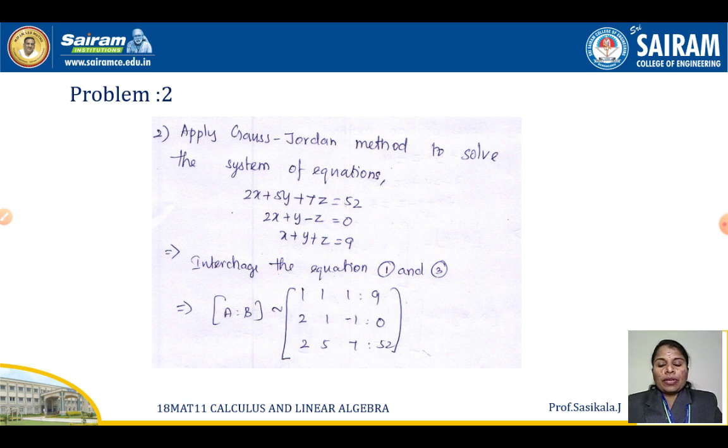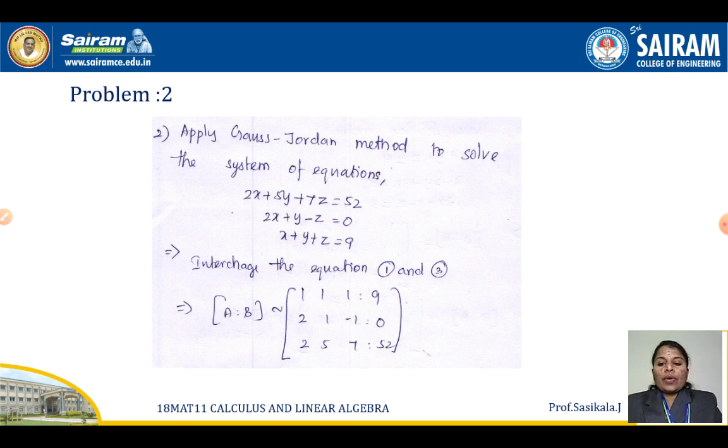It's not that it must be 1. If it is a 1, we can easily do the elementary row transformation, because to convert the first element in any of the rows, we are supposed to use the first row.